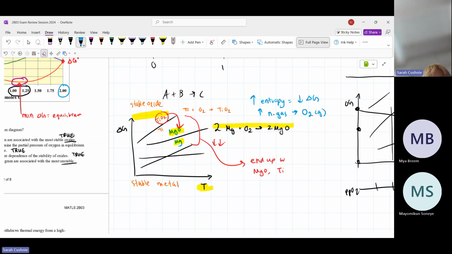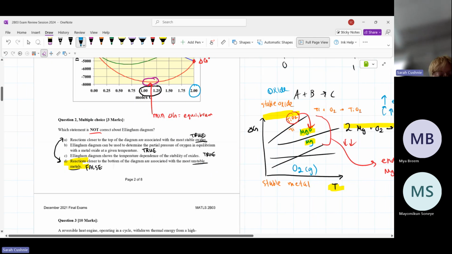If we have O2 by itself, not within the oxide, that means we have more gas, which means more entropy, which means a lower delta G. So we have to have O2 down at the bottom and the oxide at the top. That's a way you can think about these Ellingham diagrams. If you get on the test and you can't remember exactly what it is, try to work your way backwards from the general concepts these diagrams are produced from, which are entropy and Gibbs free energy.